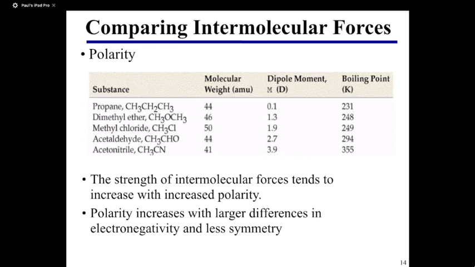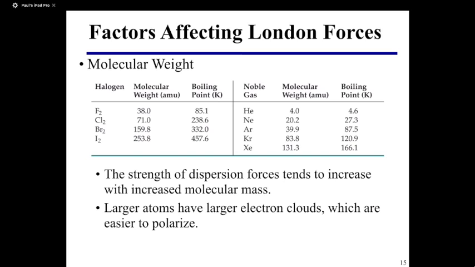We also looked at these two graphs, and we found that in these there was no polarity, so they were all non-polar. The only thing that we could look at was that the larger it became, the more likely or the more imbalanced it can become instantaneously, and so more attraction can be seen.